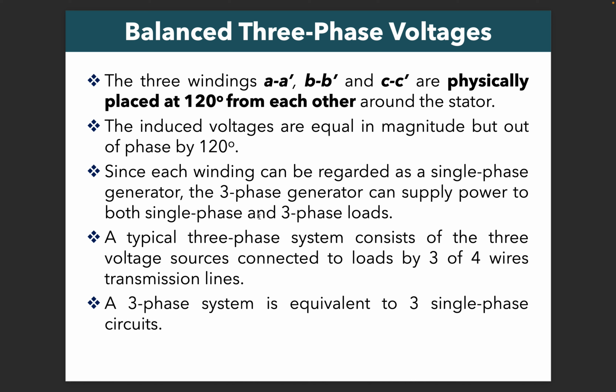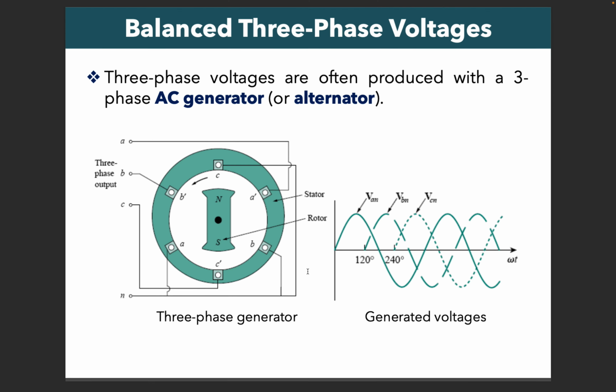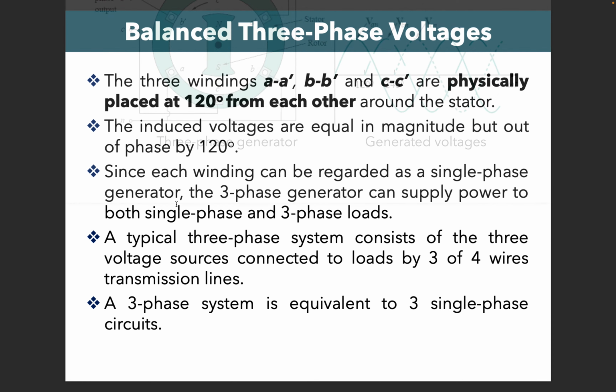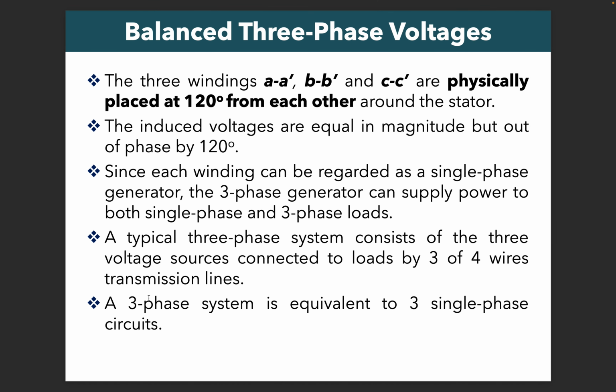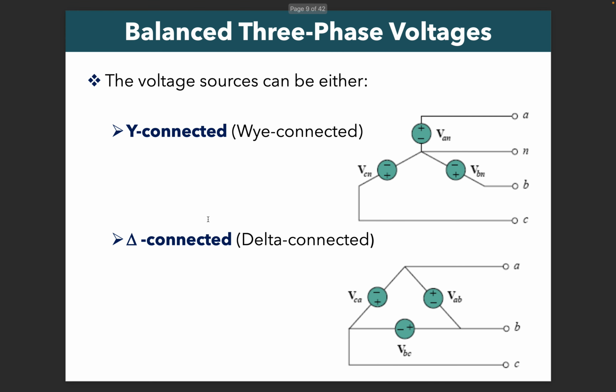So a typical three-phase system consists of three voltage sources connected to loads by 3 or 4 wires of transmission, as you can see here. And a three-phase system is equivalent to three single-phase circuits, right? So we have types of balanced three-phase systems.